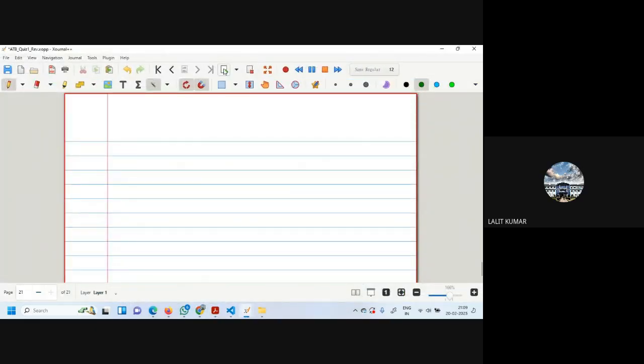We can select any node, for example, we can select this TAA. From TAA, I can go to a node which starts with AA. So I can go to AAT.